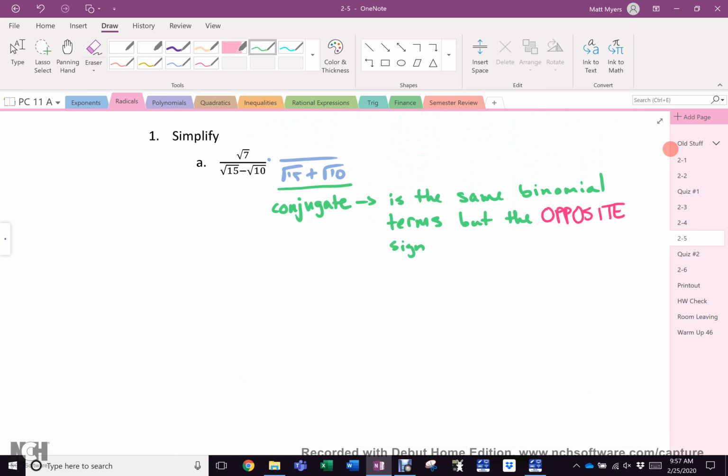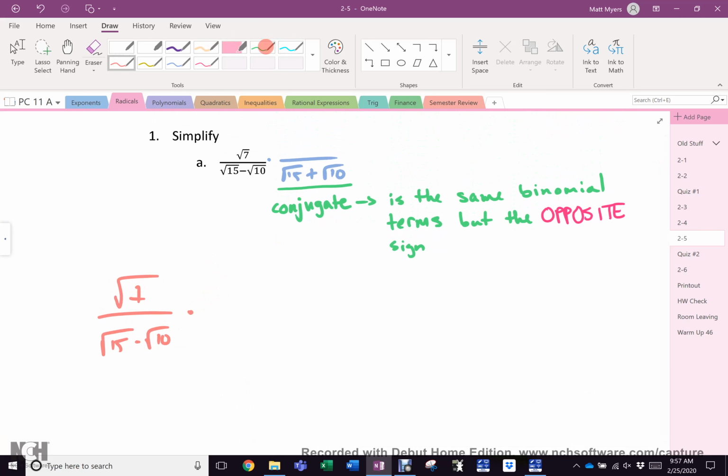So let's take this knowledge and let's build our answer. Root 7 over root 15 minus root 10 times. Now I have a binomial, so I have to use the conjugate.